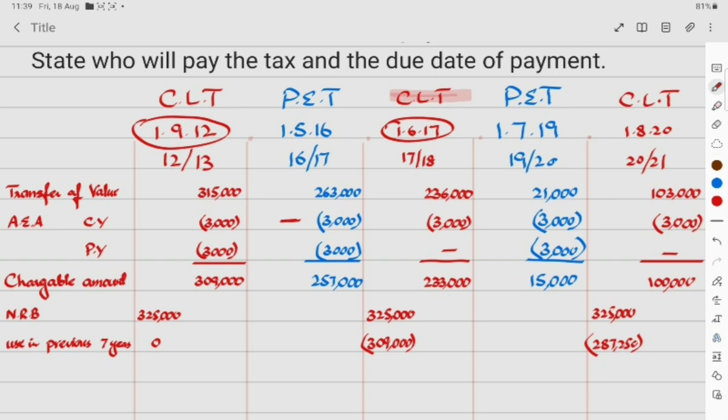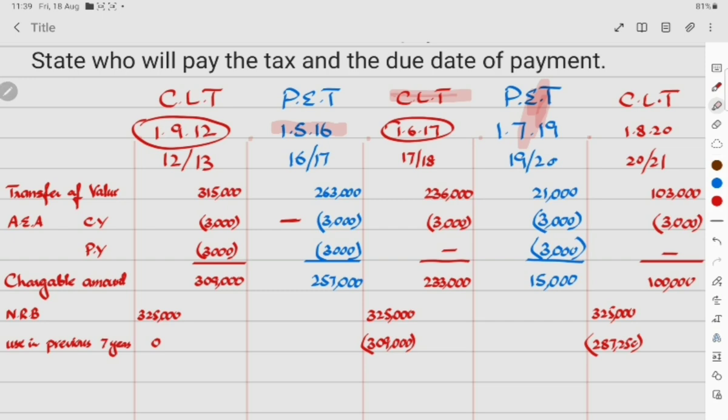The tax liability on this chargeable lifetime transfer is not to be considered because more than 7 years have elapsed. Now the second potential exempt transfer now becomes chargeable. This potential exempt transfer and this potential exempt transfer both become chargeable now.